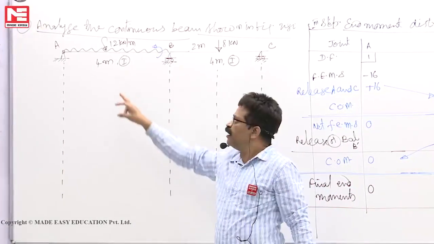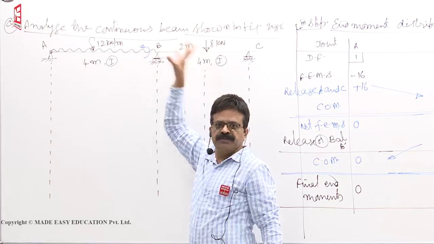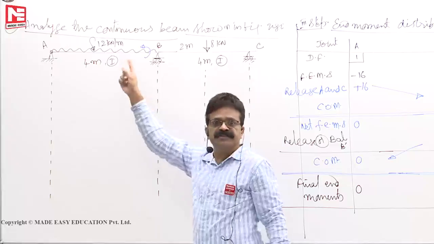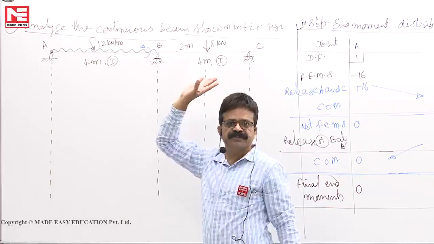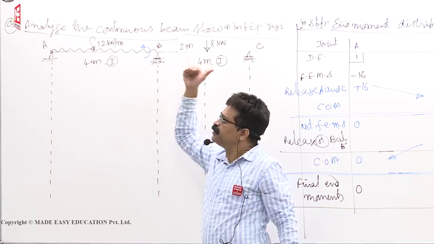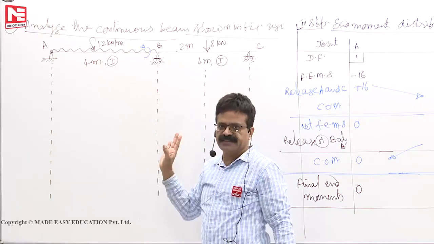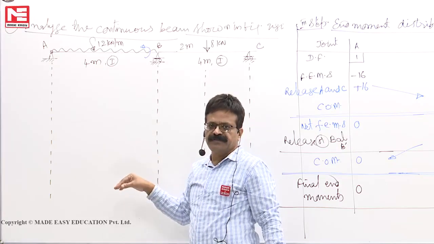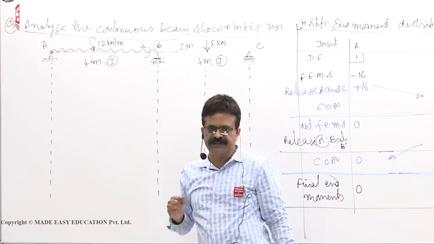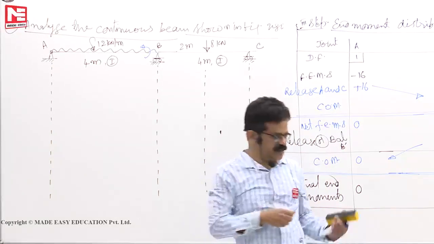On the free body diagram of AB, UDL is there, point load is there. Show the applied loads. In addition to the applied loads, end moments also will develop because of the supports. Show them. Now the free body diagram is complete. Then because of the load, what are the reactions? Because of the end moments, what are the reactions? Add them. How can you add? From the principle of superposition. So use the principle of superposition to find the final reactions.